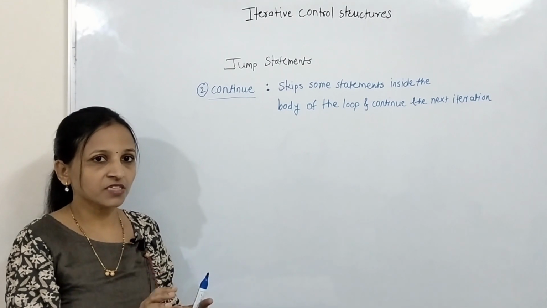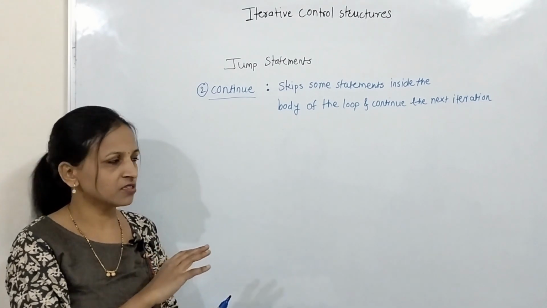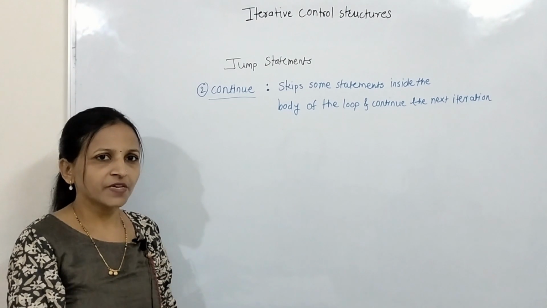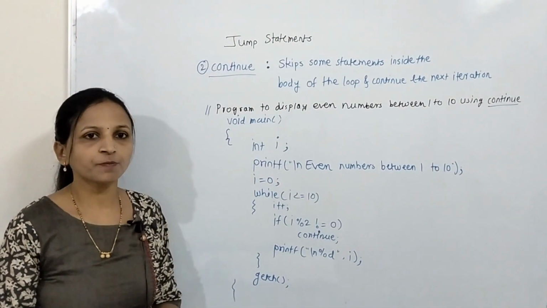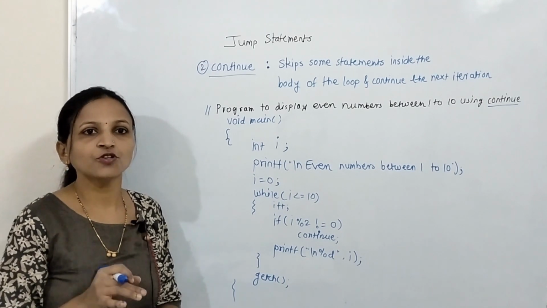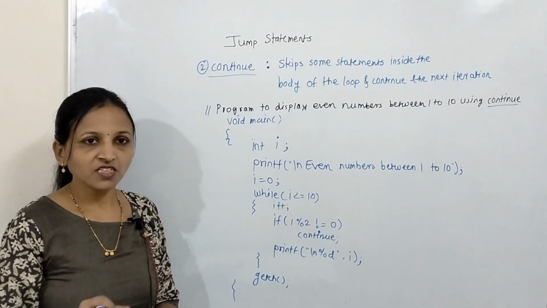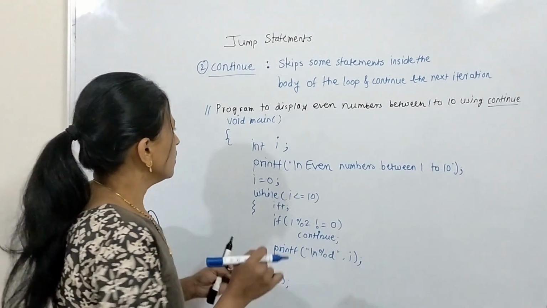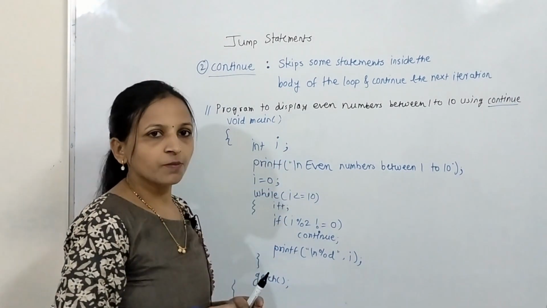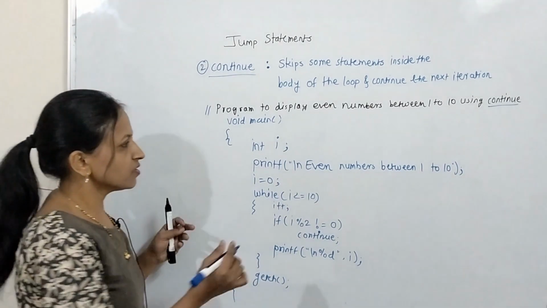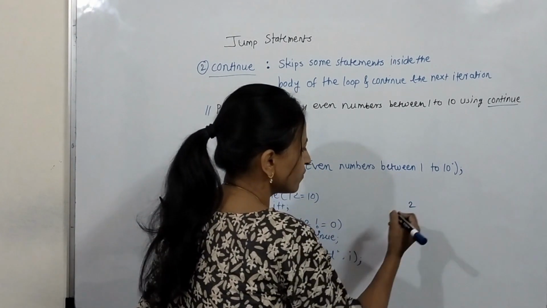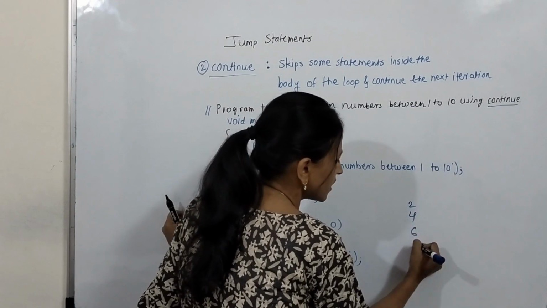See how it works. For that, first I will give you one example. We can write a program to display even numbers between 1 to 10 using the continue statement. How? Initially there is one counter variable we have to take, from 1 to 10. What are the even numbers between 1 to 10? 2 is an even number, then 4, then 6, 8 and 10.